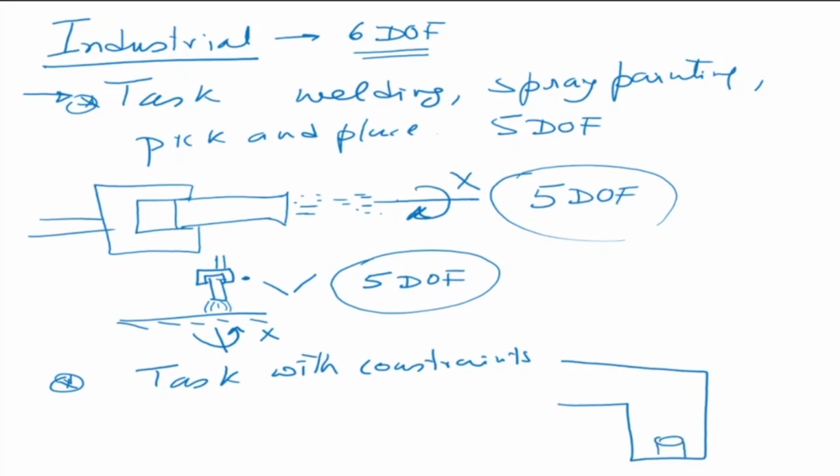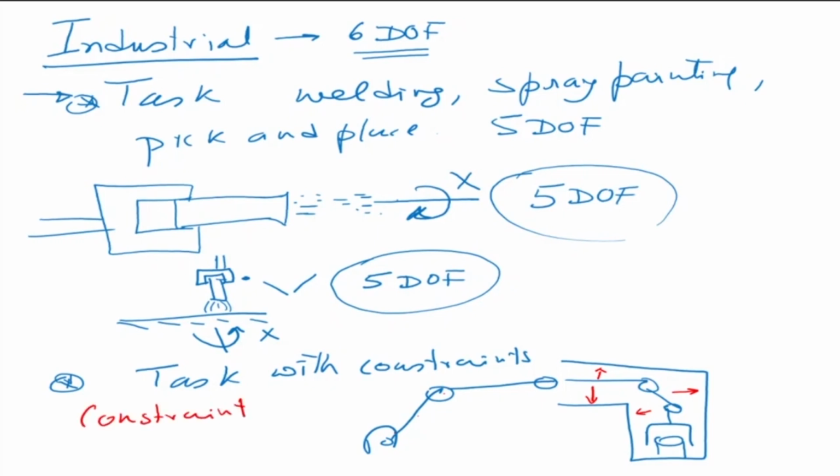So we have an object there, and the robot, which is here, is going to get inside there and pick this object up. Now, because there is a constraint, although this robot has 5 or 6 degrees of freedom, and you can see that it has 4 links, the moment it gets inside this narrow passage, it is constrained there. Similarly, it is constrained there. So this constraint will do something.